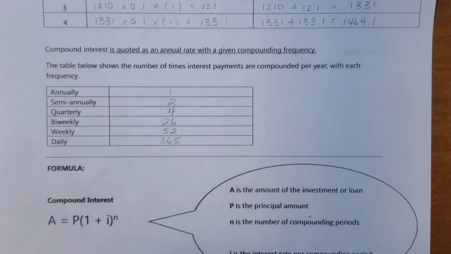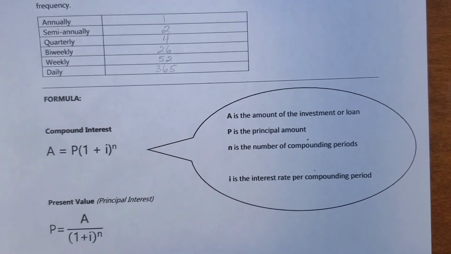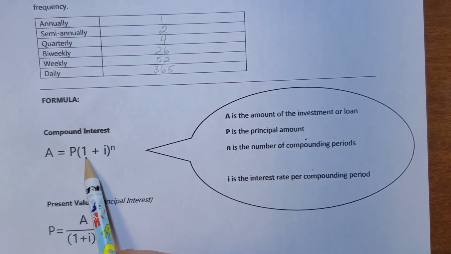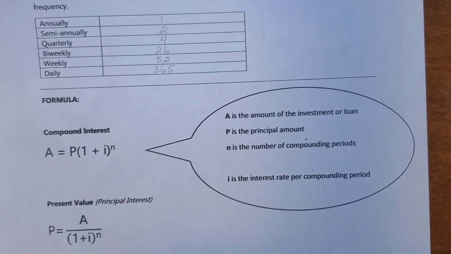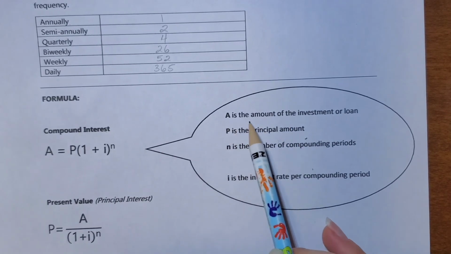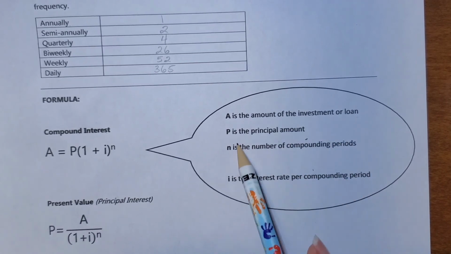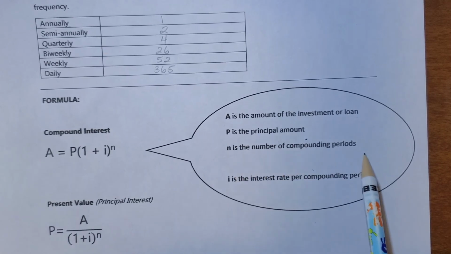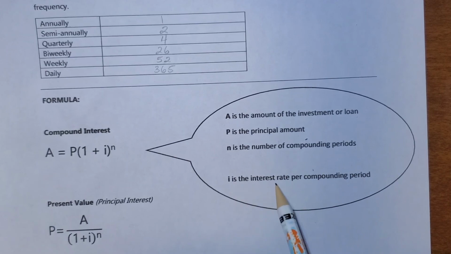So if we look to our compounding formulas, we have 2. Our compound interest formula, A equals P times (1 plus I) to the power of N, where A is the amount of the investment or loan, P is our principal amount, N is the number of compounding periods, and I is the interest rate per compounding period.